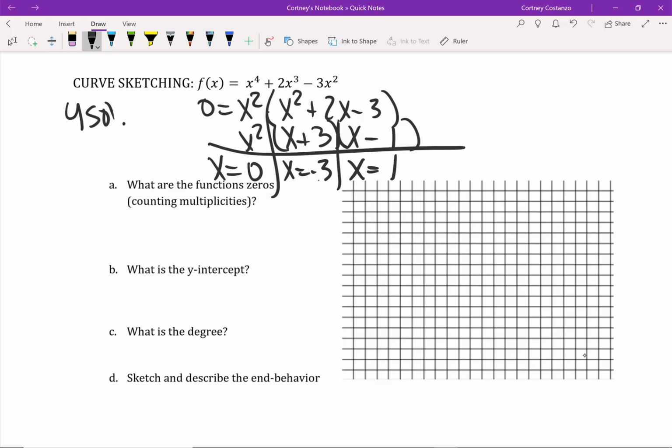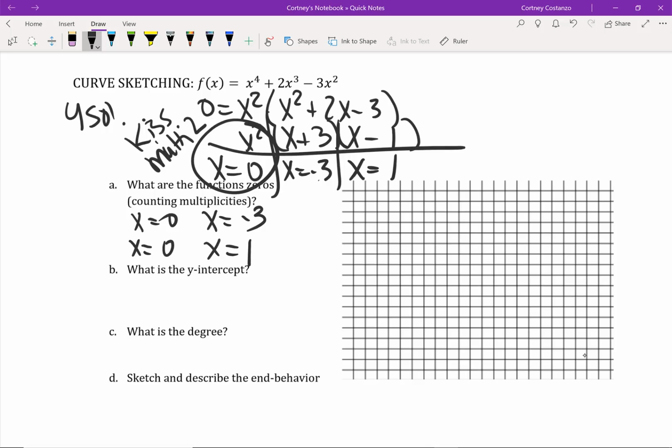What I just found are my zeros, or my x-intercepts. However, because this came from an x squared, I would call that a multiplicity of 2, or a kiss. So when we go to graph that, we're going to have to remember that that's going to be a kiss on the graph. My zeros are 0, 0, because remember, multiplicity of 2, negative 3, and positive 1.